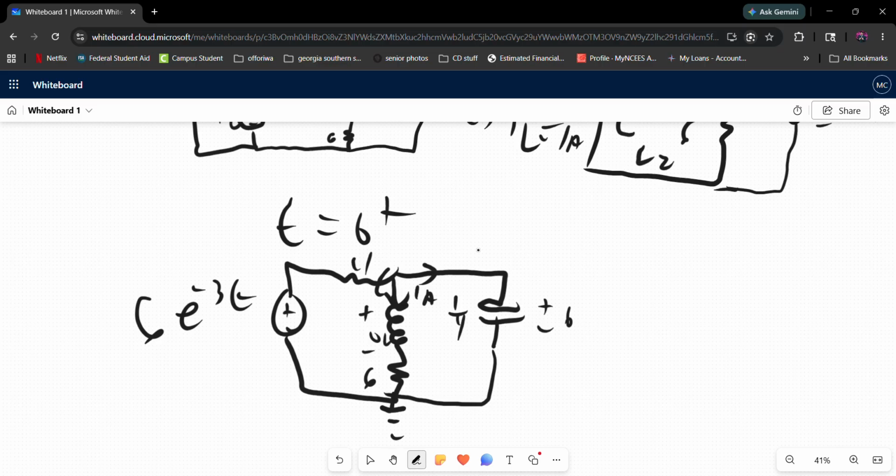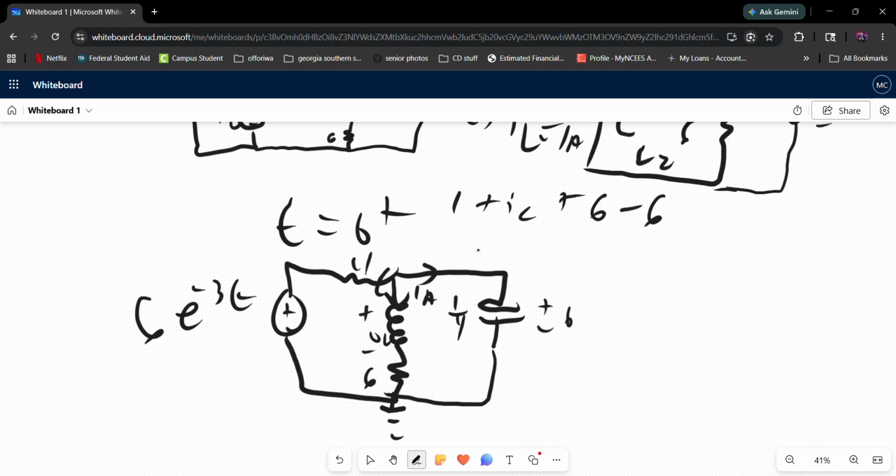Anyway, so we have 1 amp flowing down this branch. Well, we know this is 6 volts, right? So we don't know the current of the capacitor, so let's just say this is IC. And then this is just going to be 6 volts minus, at time equals 0, this is just 6 volts.